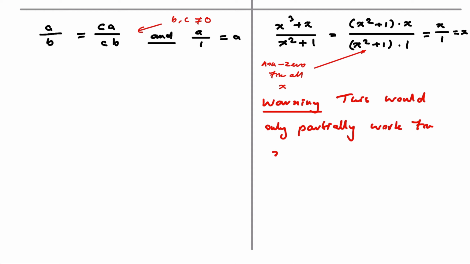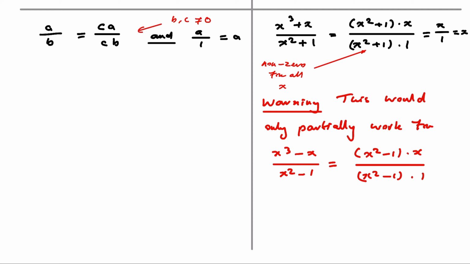For if I did, let's say, x cubed minus x divided by x squared minus 1. You see, in this case, it would be x, so it would be exactly the same. It would be x squared minus 1 times x, all divided by x squared minus 1 times 1.